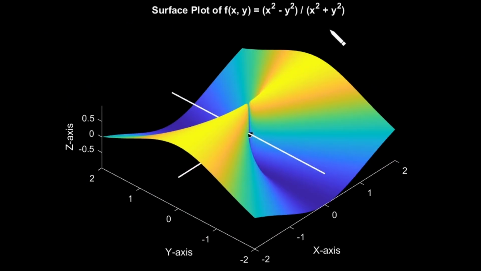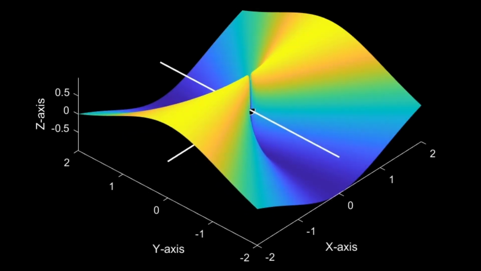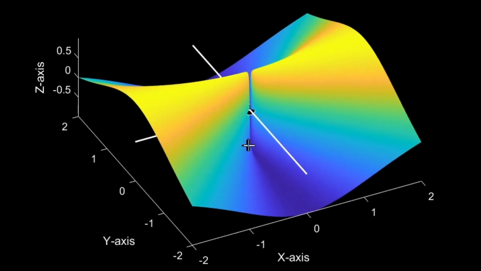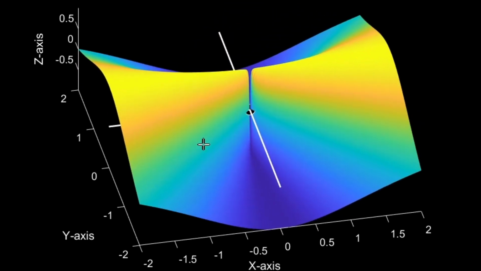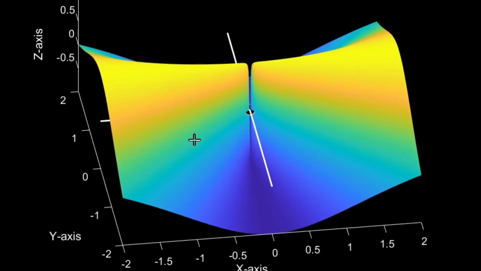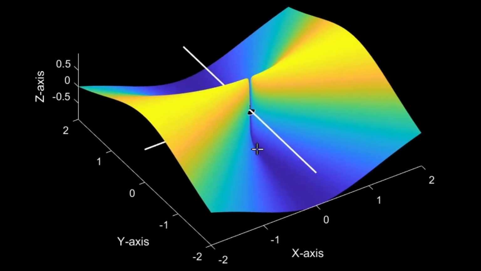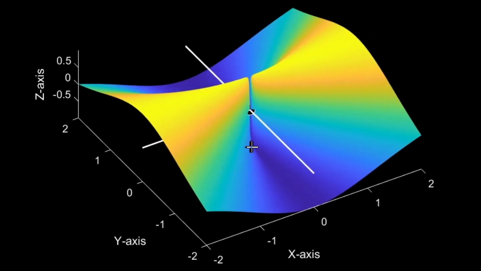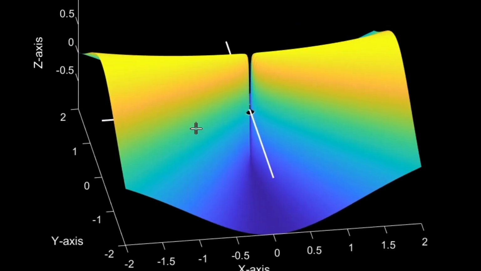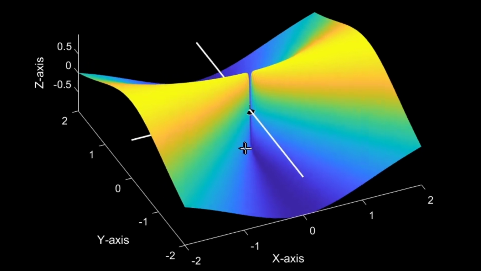Here we have taken the graph of the function (x square minus y square) divided by (x square plus y square). You can observe that this function is not defined at the origin, as there is a hole at the origin. In this case, when the function approaches the origin, the function value approaches a different value depending upon the path.